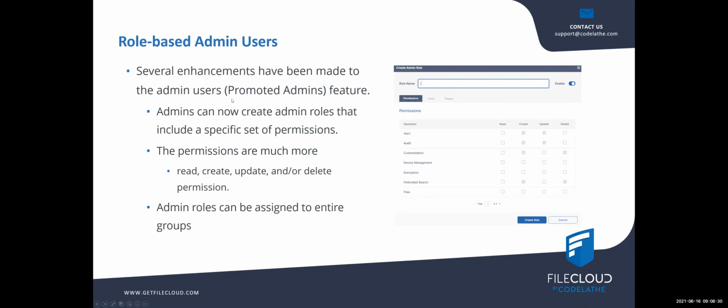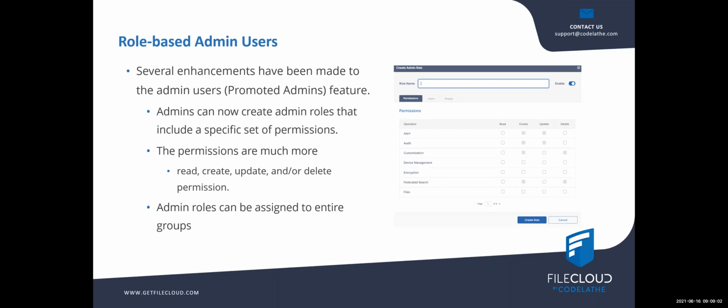Okay. We also have role-based admin users. That means we have completely reworked how we manage the promoted admins. Instead of just giving access to a specific section of the admin user interface to your promoted admin users, which was the way we did it before 21.1, now you can create roles, and more importantly, you can create more specific permissions for the sections.